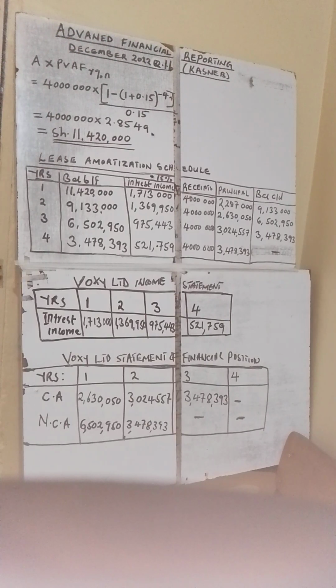That is the point there. So the leaser remains the owner of the asset, while the lessee has the right to use the asset for agreed rental payments to be paid over a given period of time. That's a very important point there.